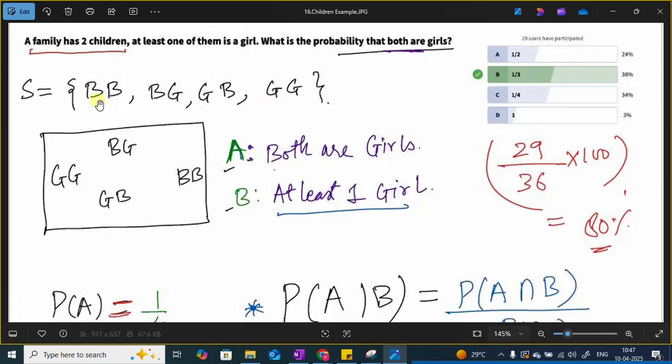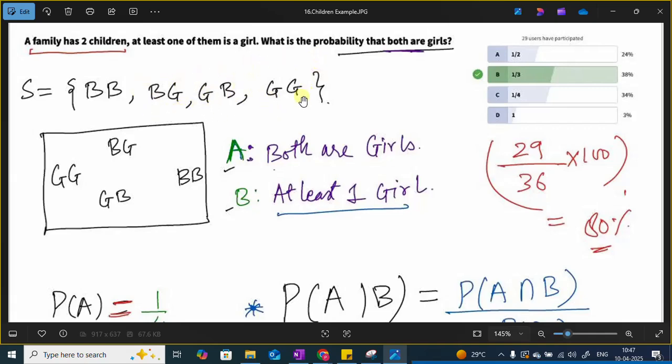Why not boy? If I take both boys, there is no chance of making at least one girl, because both are boys. But except this case, if I consider any other cases, at least one girl is present. Here, one girl is present. Here, one girl is present.